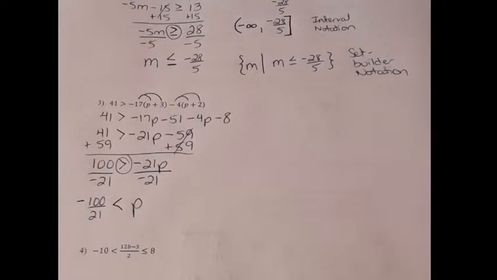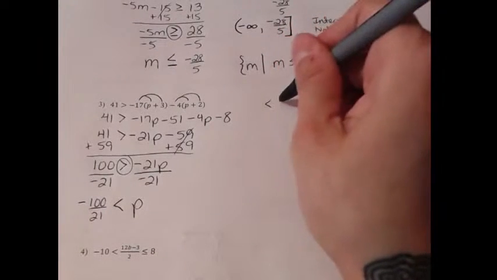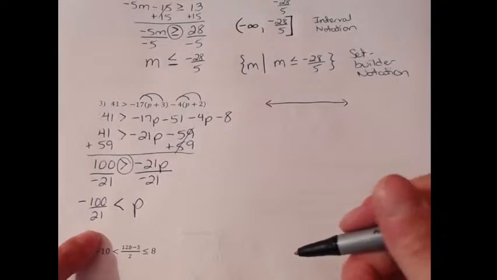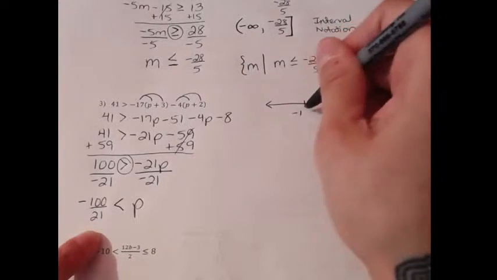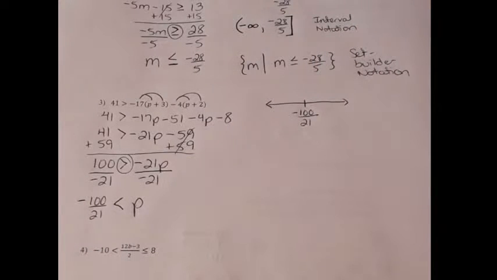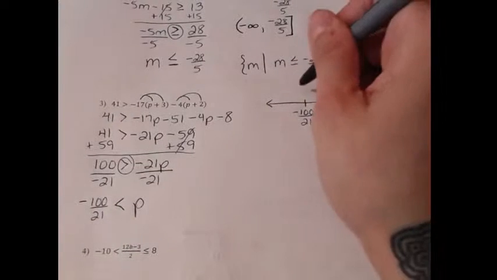So there's our solution. Now, here comes the tricky part. We know that my critical value is negative 100 over 21, so I'm going to write that right smack in the center of this number line. The next thing I notice is that it reads negative 100 over 21 is less than p, which implies open circle.